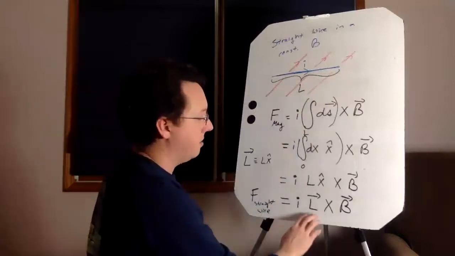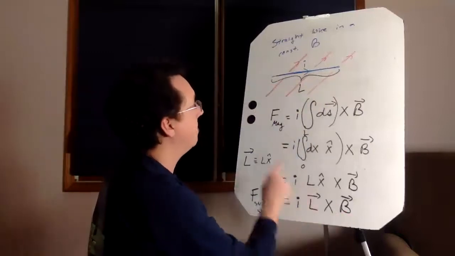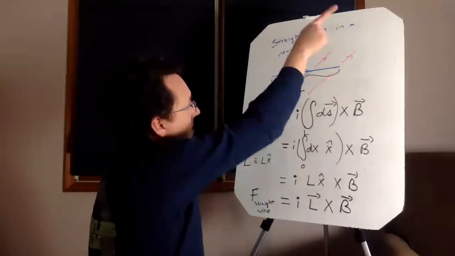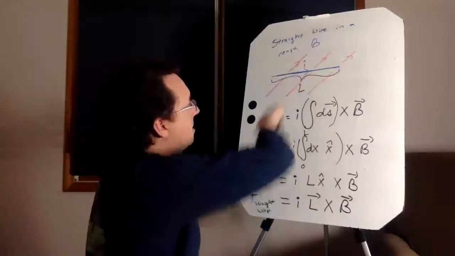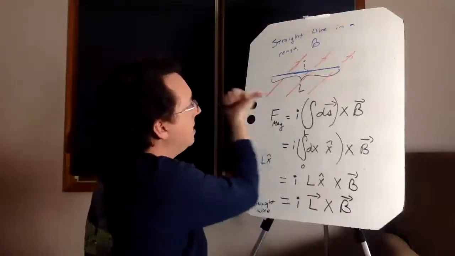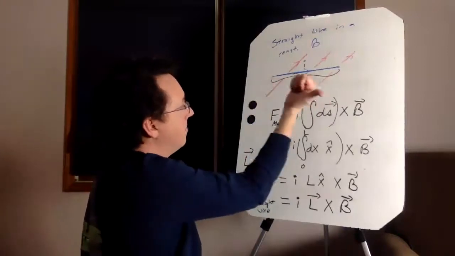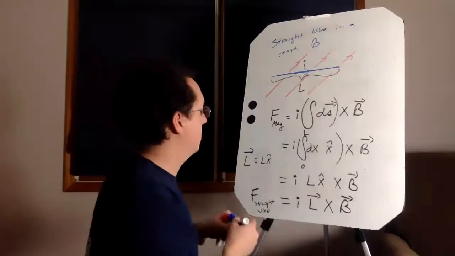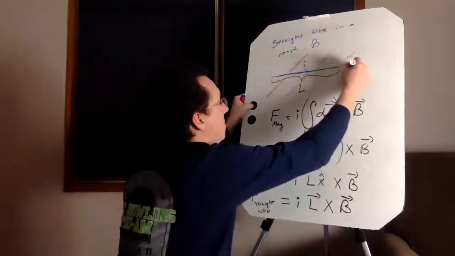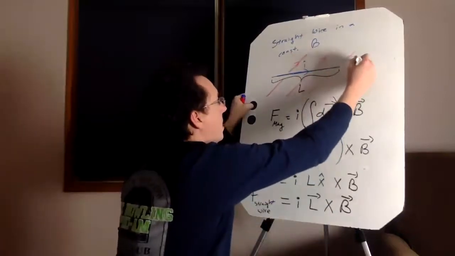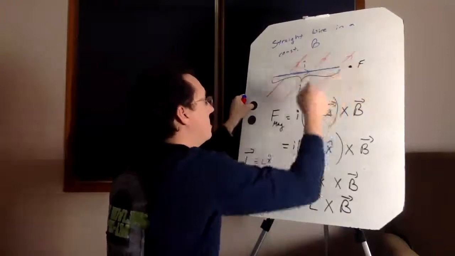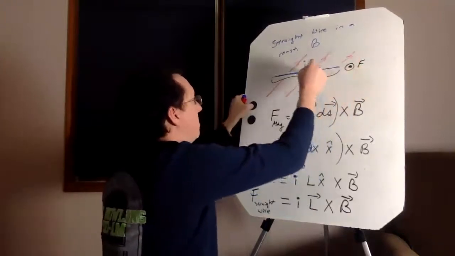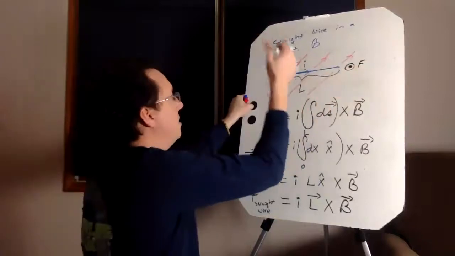It has to be perpendicular to both L and the magnetic field. So if the magnetic field is in the plane, going kind of diagonally upwards, and I is going this way, then the cross product is going to be into your eye. So the force would be into your eye. So that's just a dot with a circle. So the force on this guy would be into your eye.